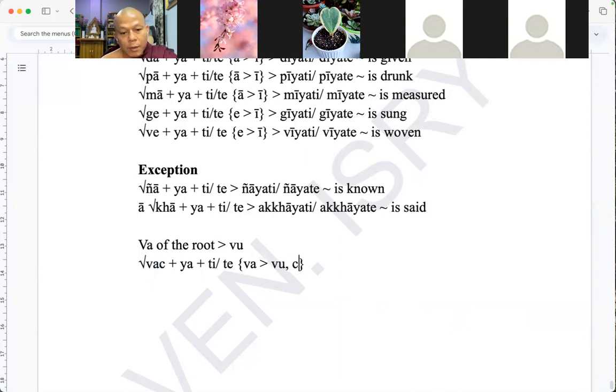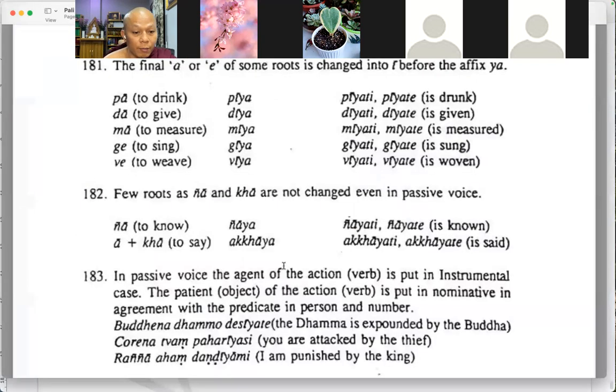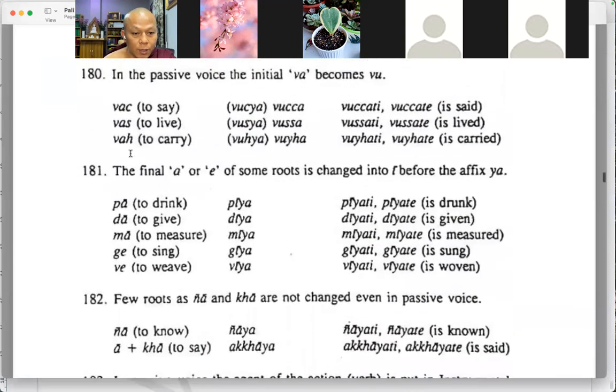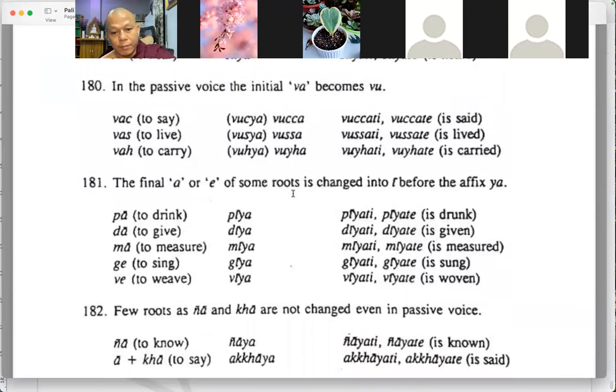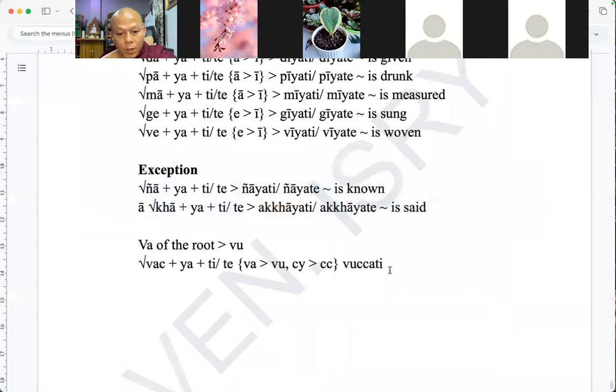And then jaya becomes jaja in this way. So wojeti, not wojeti. Okay, so wojeti is also said.